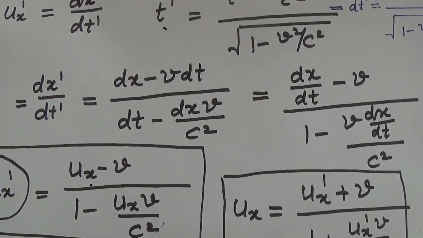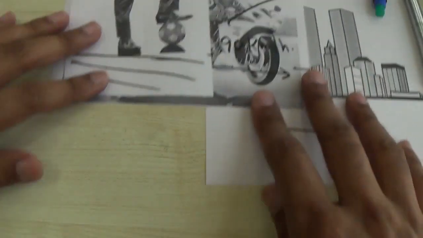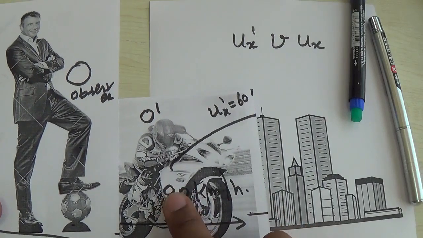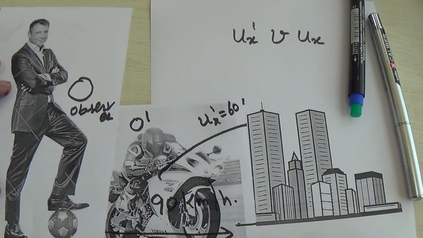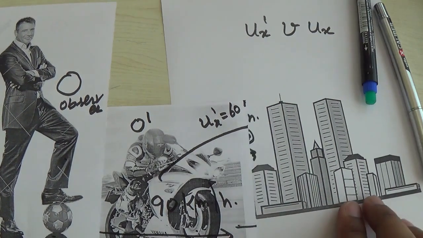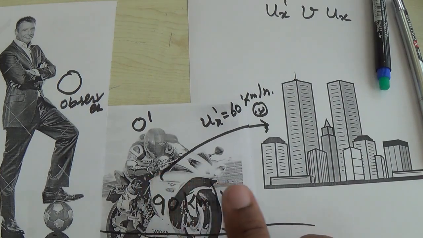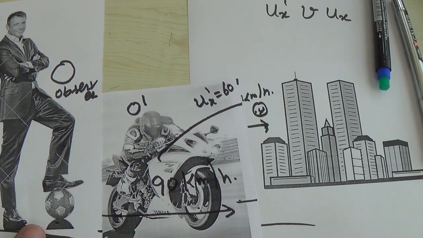Now I have already explained the basic fundamentals of this topic by making clip arts. I am repeating again what I have considered here: a biker, a bike, and a building, a stationary object. This man, the O prime observer on the bike, is the moving frame, and the person standing here is the rest frame.